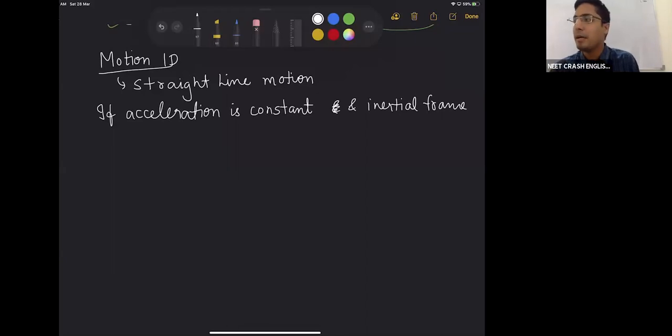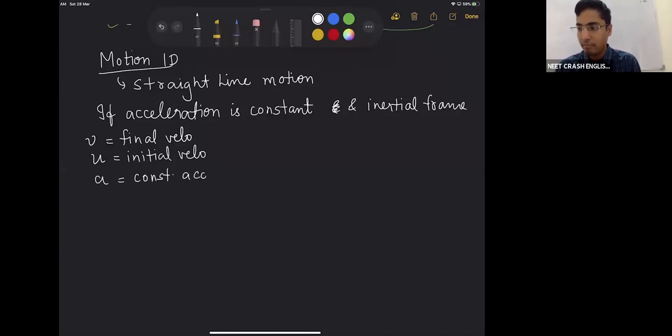The symbols we use here are: V is final velocity, U is initial velocity, A is the constant acceleration, S is the displacement.